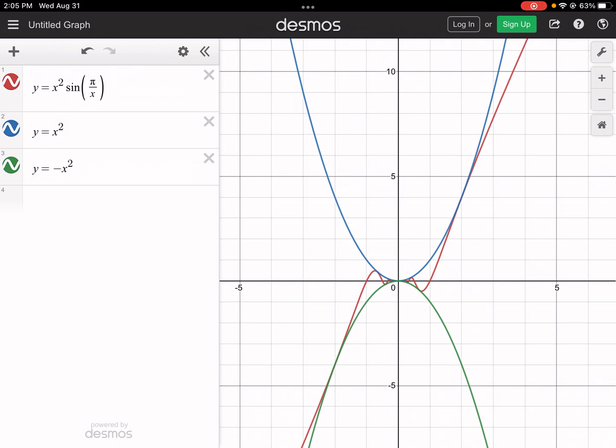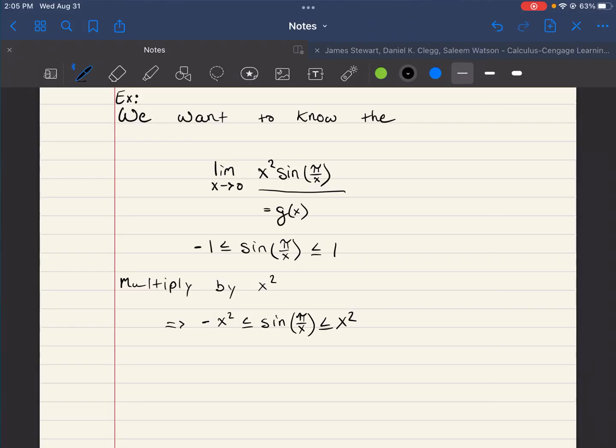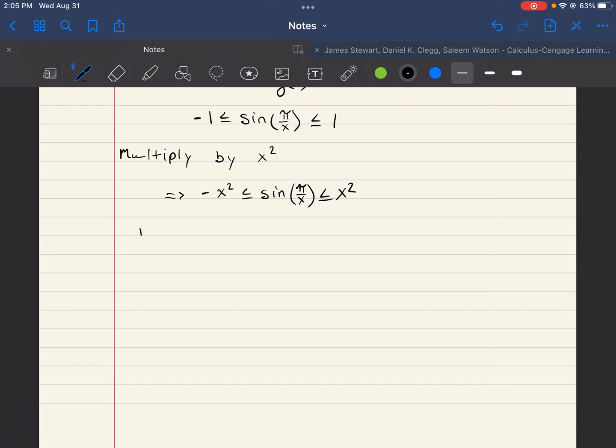So this allows us to calculate the limit of both x squared and -x squared. Visually, we can see as we approach 0, for either y equals x squared or y equals -x squared, we go to 0. So jumping back to that, we know that the limit as x goes to 0 of x squared equals 0, and also the limit as x goes to 0 of -x squared is 0.